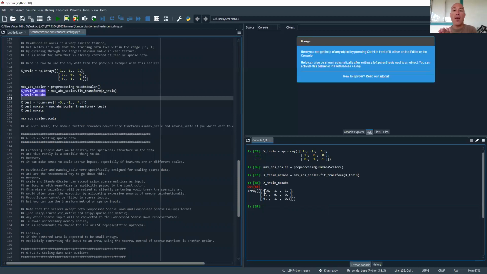After it did that, it converted the values: values that were originally negative are now negative, and values that were originally positive are positive. So the minimum absolute value gets transformed to 0, and the maximum absolute value gets transformed to 1. This is a little bit different. Before, it wasn't considering absolute value at all. And this is a good way to go.